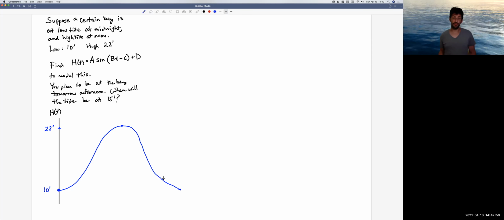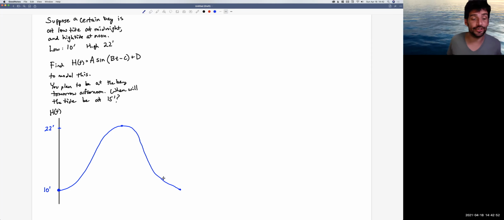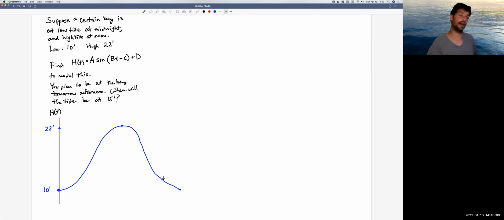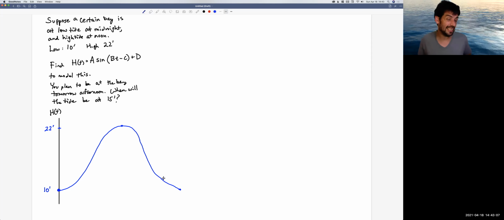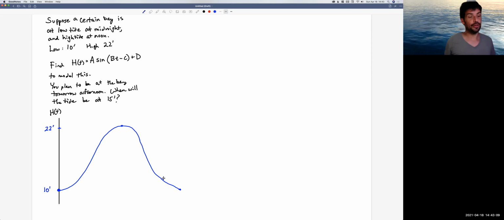Okay, so what we're looking at is one cycle of the tides. Presumably it goes on like this forever. Each night at midnight it's at low, and then by noon it's at high, and then back to low again, and this can go on and on if we scrolled this graph out. But I really just need one little picture because each day is going to be the same, so we can just start back at the beginning.